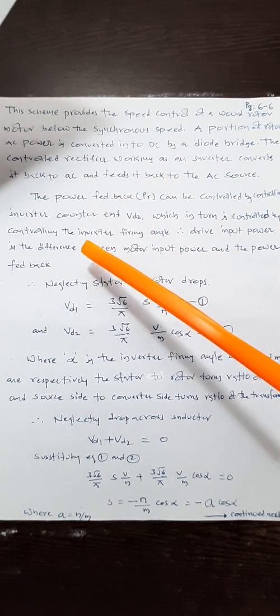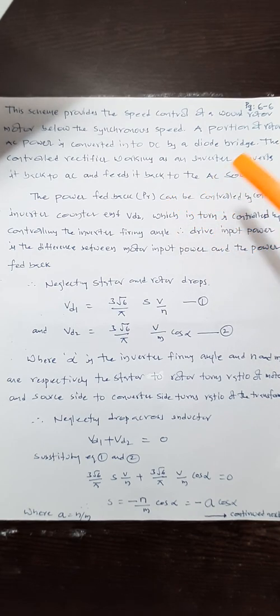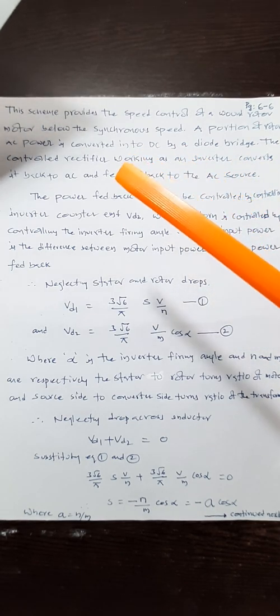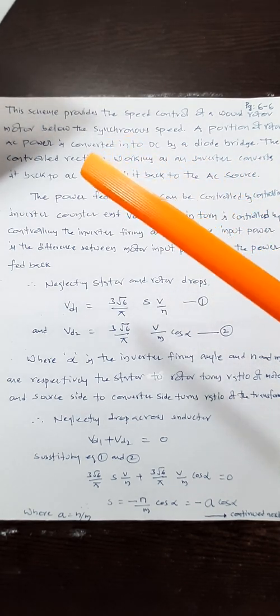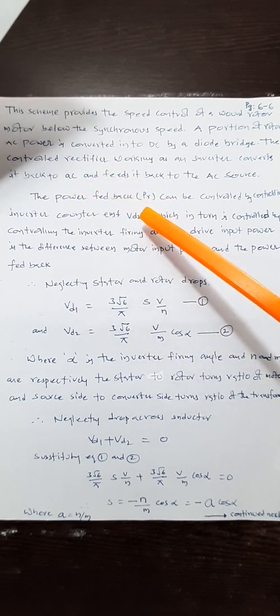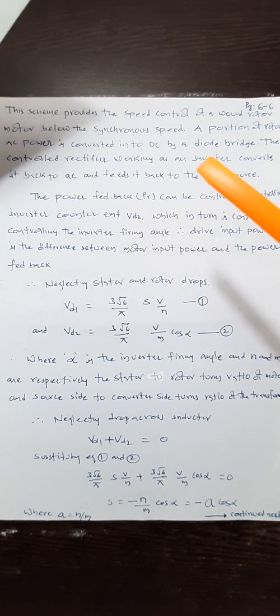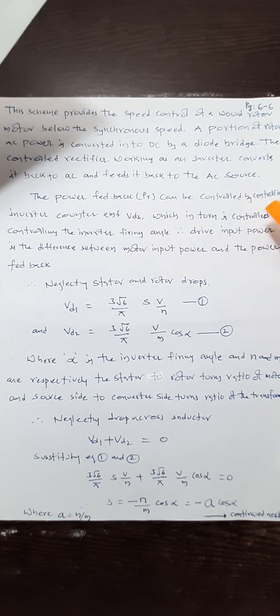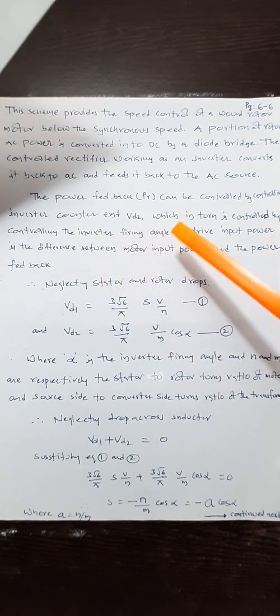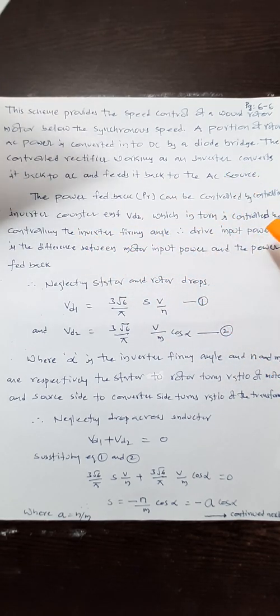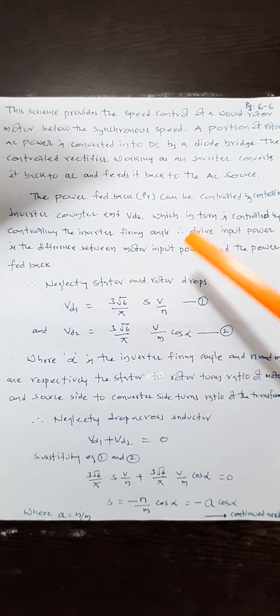Therefore, the power fed back can be controlled by controlling the inverter counter EMF ED2, which in turn is controlled by controlling the inverter firing angle. Therefore, drive input power is the difference between motor input power and power fed back.